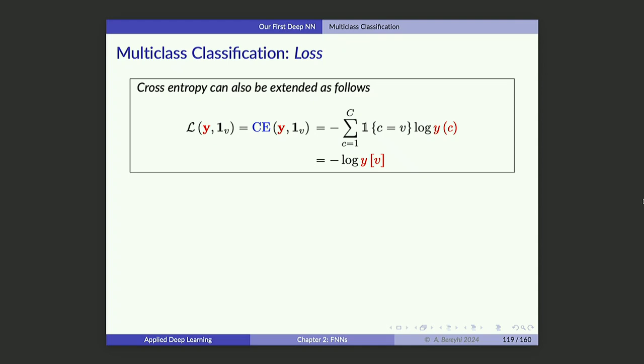So your loss is going to depend only on the corresponding output, and your hope is that this loss is minimized. The minimum is 0, meaning that you want this y to be 1. And when this y is 1, any other y should be 0, because they add up to 1. So it's the same idea, but now you have it in the multidimensional case. And when we are in a correct place, our loss would be at a minimum.